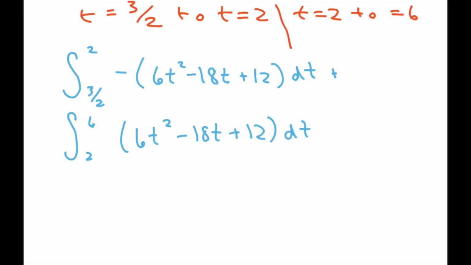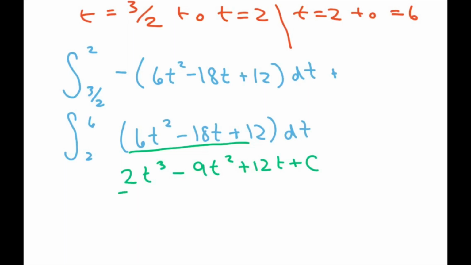We've already integrated this part in part C, and we got 2t cubed minus 9t squared plus 12t plus c. But now, instead of solving for the constant, we evaluate the equation at the limits of the integration.